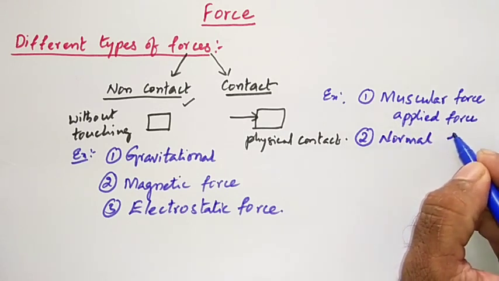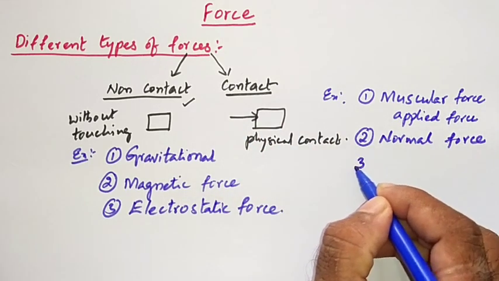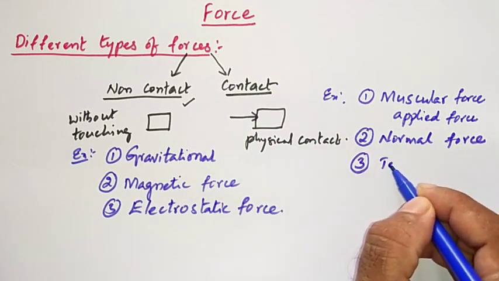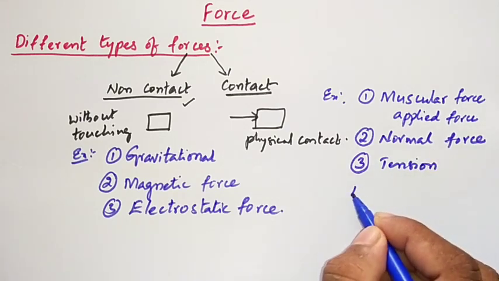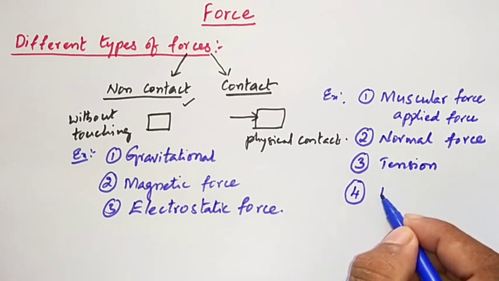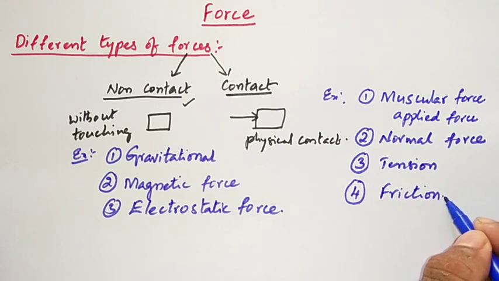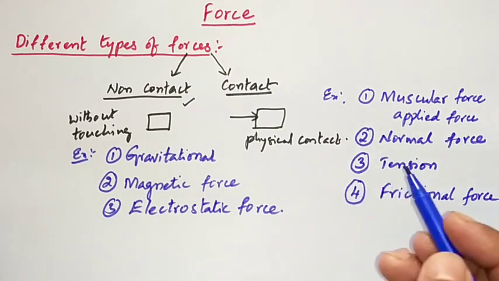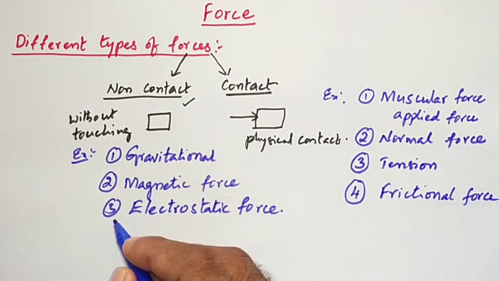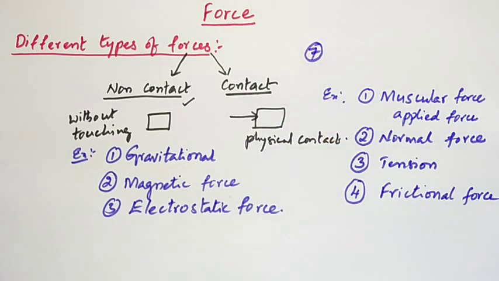This also comes under contact force. The third one is tension force, simply called tension. And the fourth one is friction, or frictional force. These are the contact forces. How many? 4. Non-contact forces 3. Total 7 forces. About these 7 we are going to learn in different types of forces.